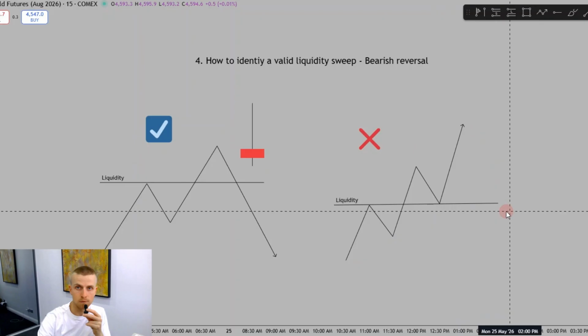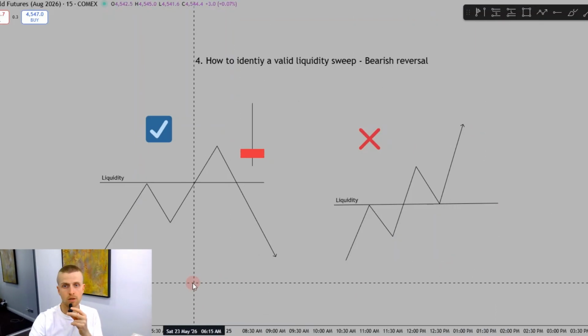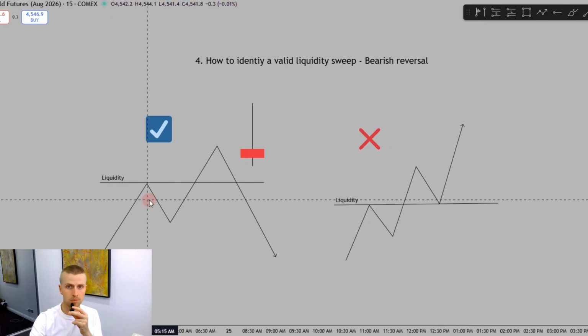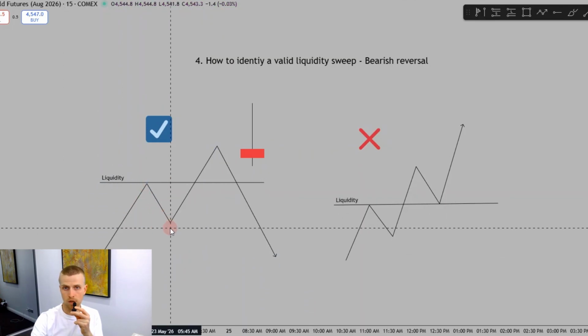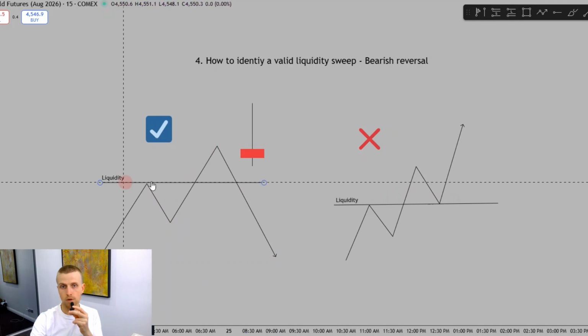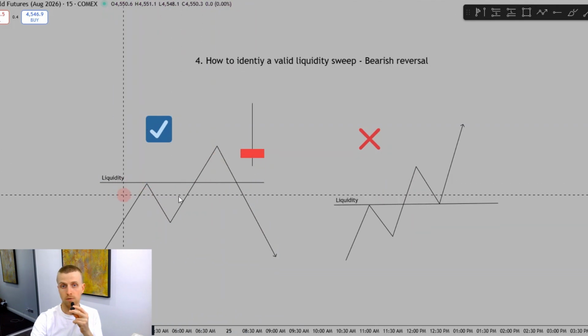Now, how do we identify a liquidity sweep in a bearish scenario? So in this example, we're trending up and we're looking for a reversal. So price is creating higher highs, higher lows, higher highs, higher lows. It sweeps this previous high and then closes below this level. So we've swept that liquidity.